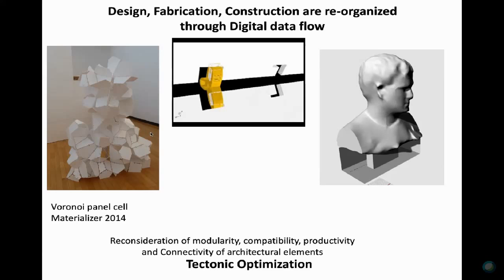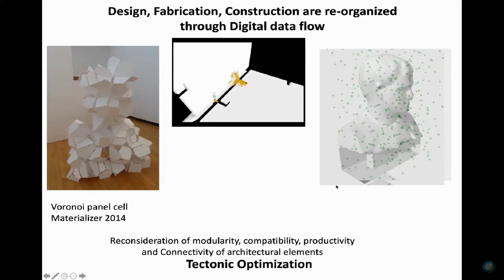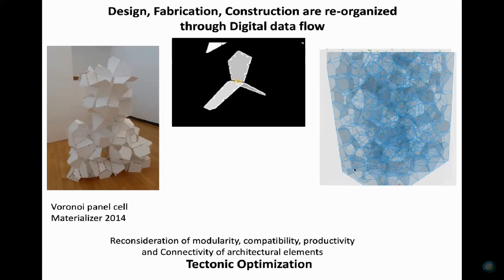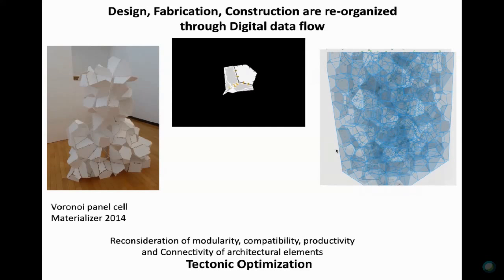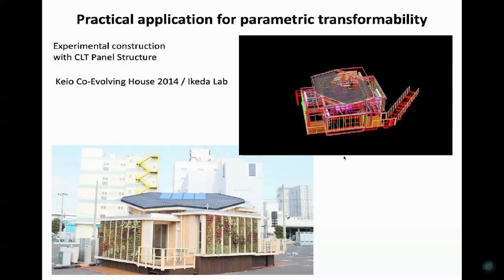In this specific case, we just try to make an arbitrary shape, originally just the shape of a human being, translated into the loop of the Voronoi cell panel, which automatically transfers to a certain way to build it. As far as the way to make this goes, any kind of shape can be achieved by the same idea.